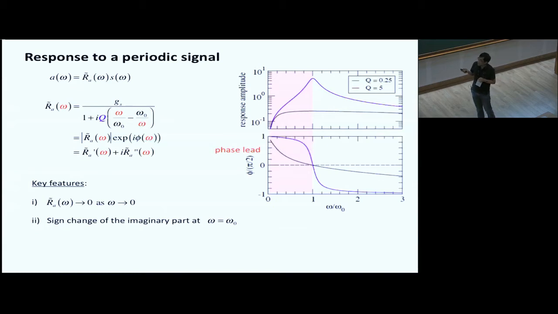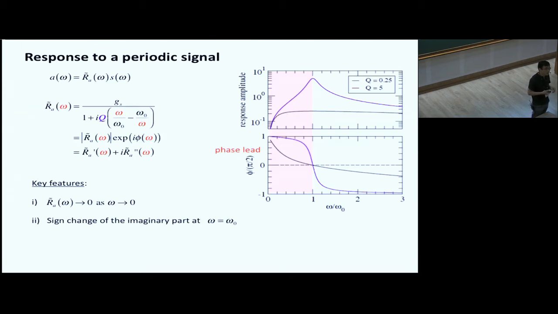So this is one feature of this adaptive circuit. Now, another feature: there is one particular frequency at which the sign of the imaginary part changes. And the other obvious property of this expression is that when you send omega to 0, the term in the denominator blows up, and the response function will vanish. So I'm going to show you, yes?